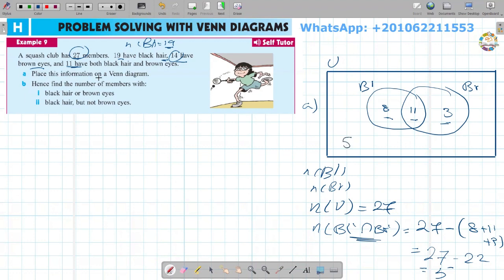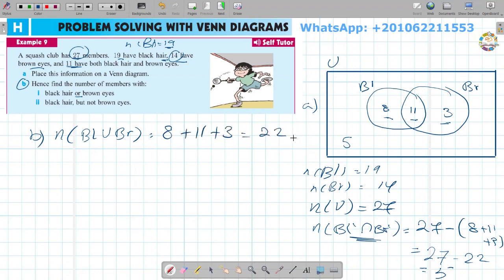In question A, we placed this information on the Venn diagram, dealing with specific values: the number of black should be 19, and brown eyes should be 14 members. Question B: find the number of members with black hair or brown eyes. Black hair or brown eyes means union. Then the union means 8 plus 11 plus 3, which is 22.